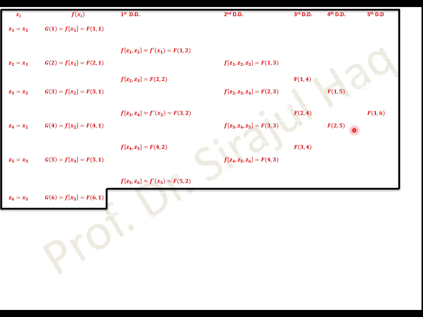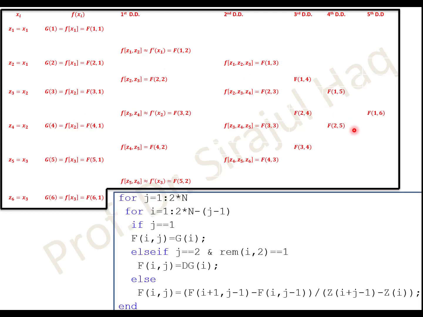Now let's generate the rest of the entries. You know that this time the value of g goes starting from 1 up to 2n, since we doubled the numbers. N was 3, so now this is 6, and you can see 1, 2, 3, 4, 5, 6.